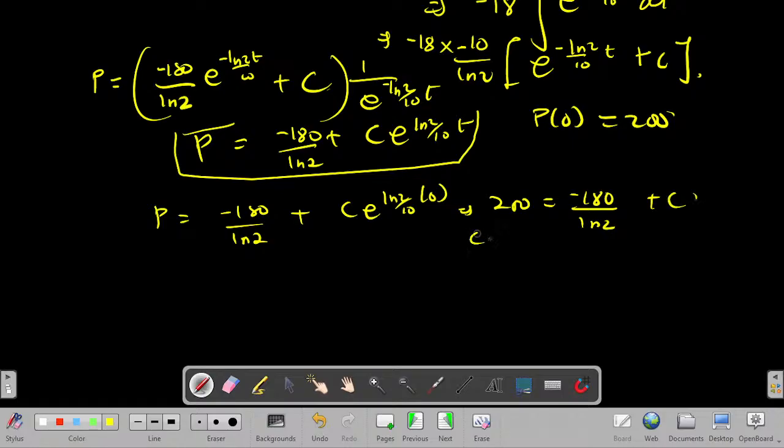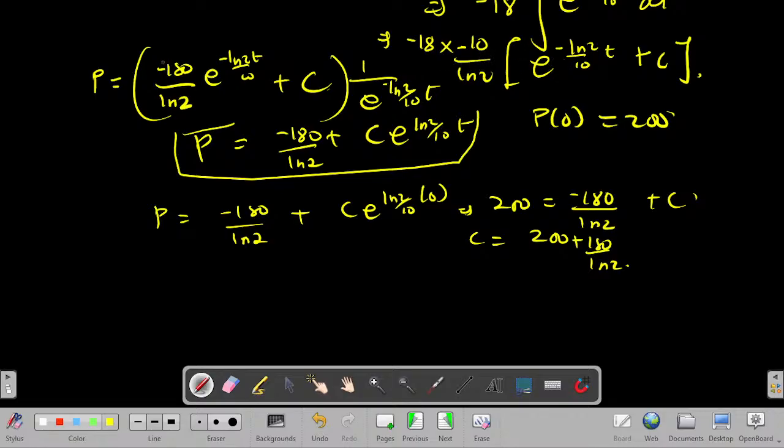So what is my c? c then becomes 200 plus 180 over ln 2. We put that into the calculator and let's see what you are getting. So I'll simply have 200 plus the expression 180. Is it still negative or should be positive? I think that when you reach this point, we had negative times negative that gave birth to positive here.